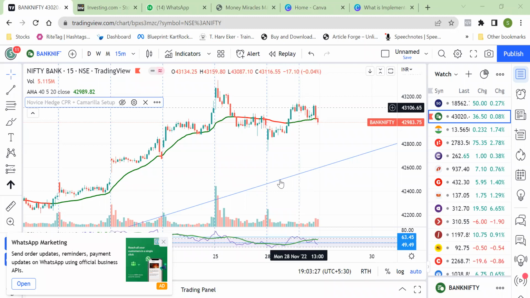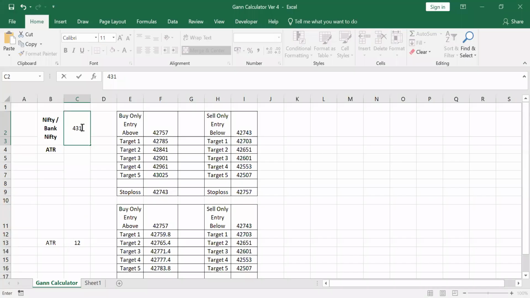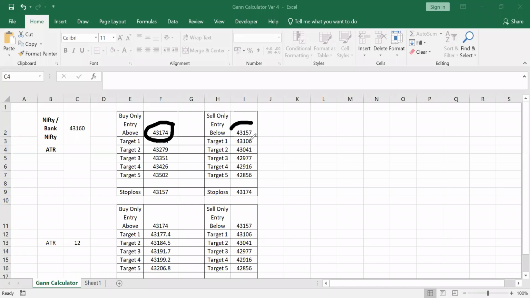Let me come here. What I need to do is I just have to change this to 43,134. Let me just see this, 43,159. I'll put 160. So if you look at this, now the fresh buying will be only above 43,174 and 43,157.